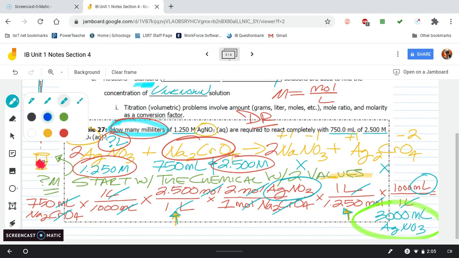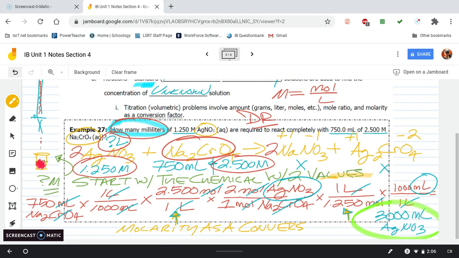And I do want you to write out that this is molarity as a conversion factor. That's what we're doing here, we're using molarity as a conversion factor.